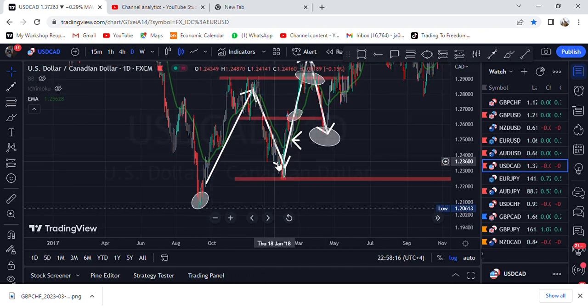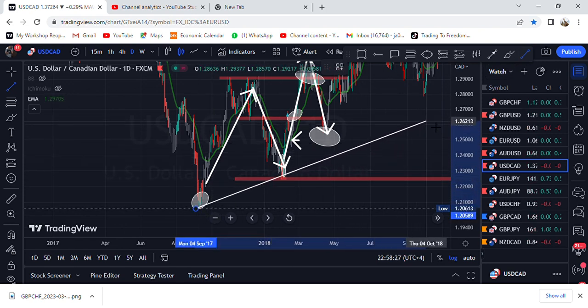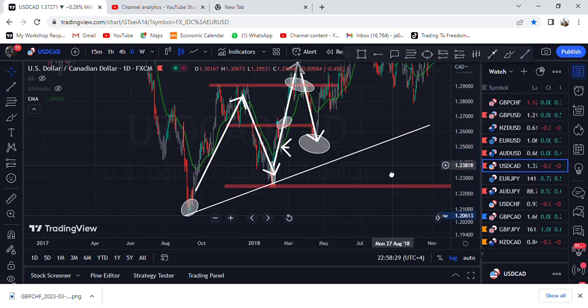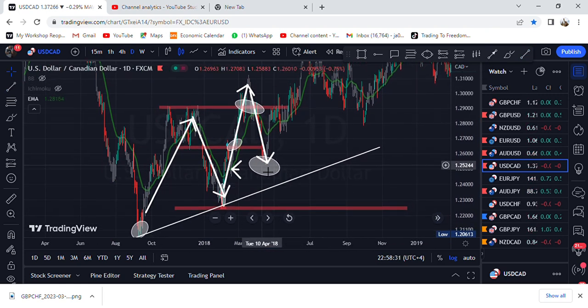The double bottom here didn't form as usual. It did form like an uptrend. So already you would have started your trend here. You would have started your trend at this point, expecting the market to hit. If it doesn't hit, you don't do anything, because anything can happen here.